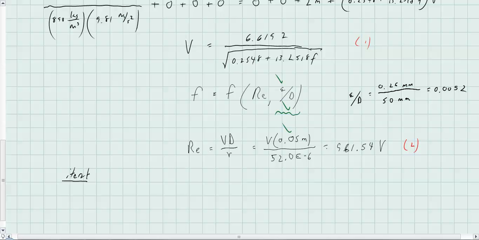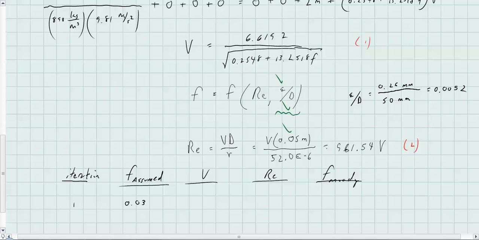Iteration, F assumed, a velocity, and then a Reynolds number, and then a lookup in the Moody. And eventually, the Moody and the assumed should equal. So the first iteration, we'll assume it's a 0.03.